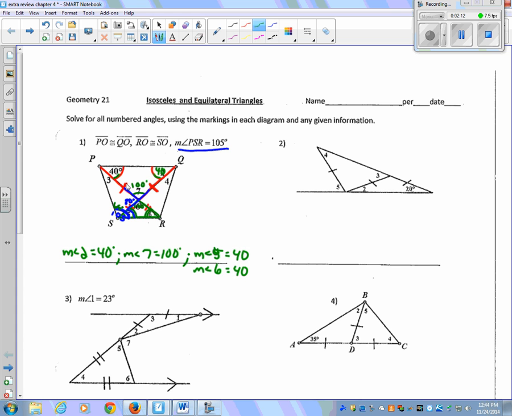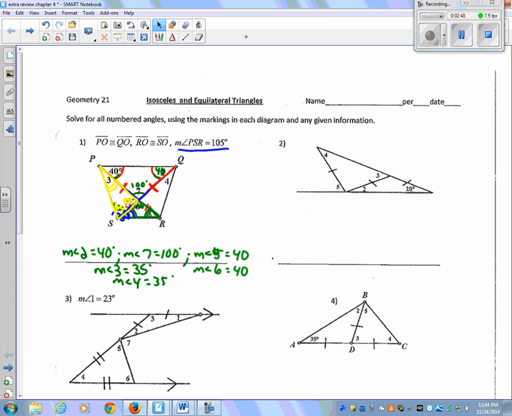So that means in this triangle, so many triangles here, this triangle, we've got 65 in this angle, 80 here, so that leaves us 35 degrees for angle 3. And angle 4 is going to be the same situation on the other side.